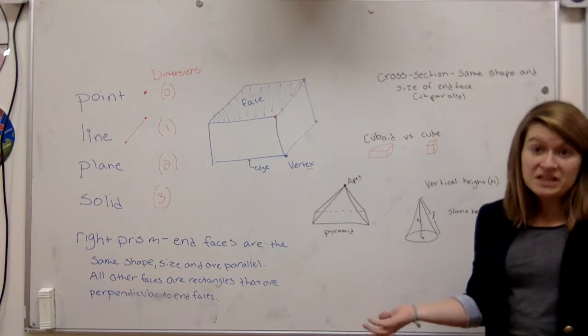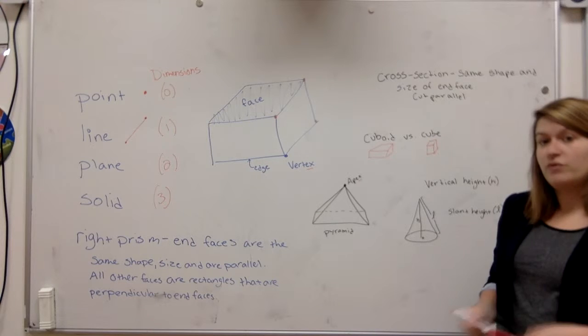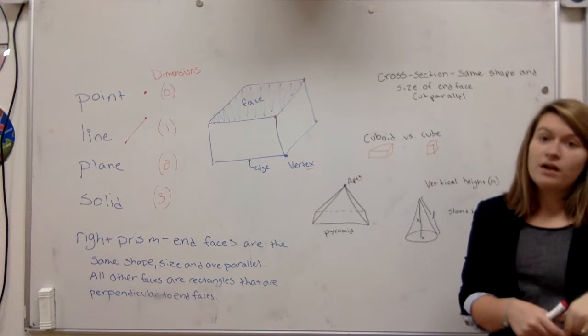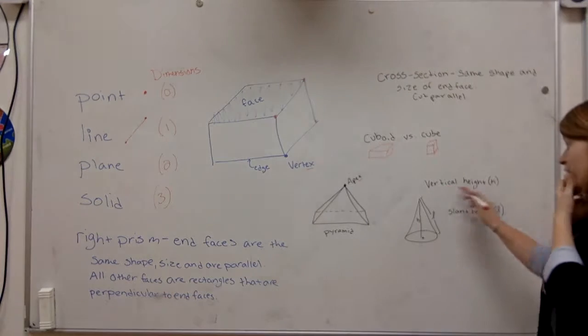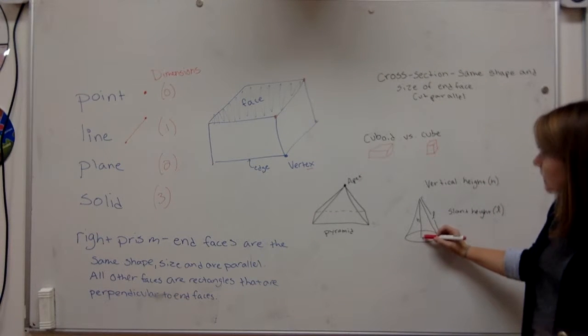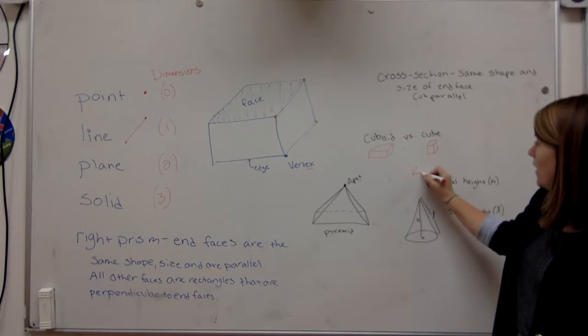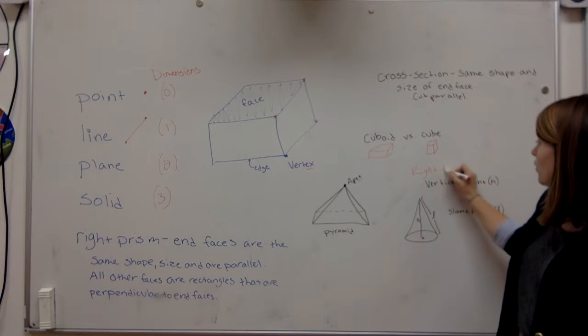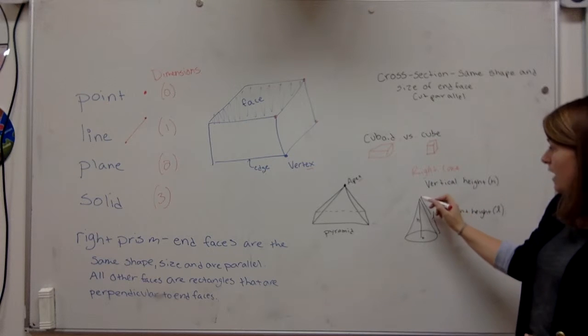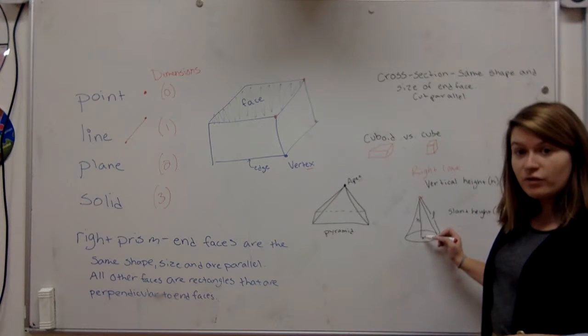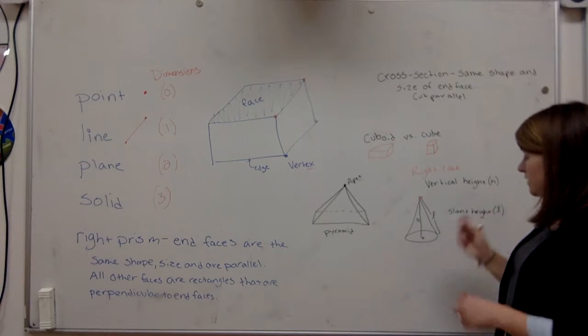That makes it really easy for us because if we drop a line from the apex to the center, it's going to hit at a 90-degree angle. And that is what we need to get the vertical height. So if we go from the apex down to the O, which is the center of the right cone, we get the vertical height.